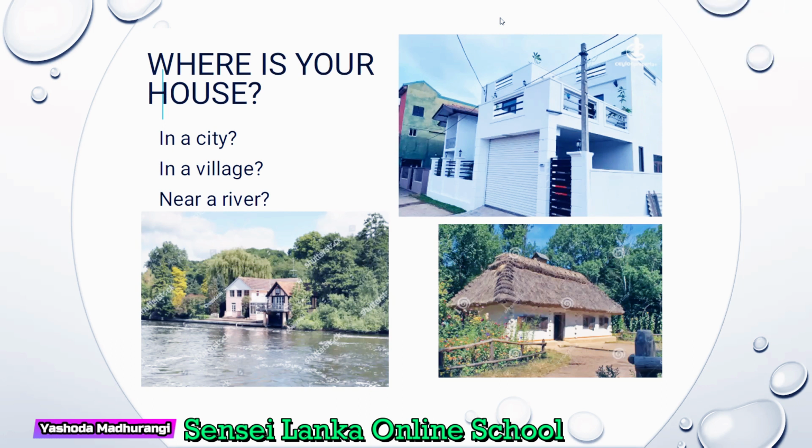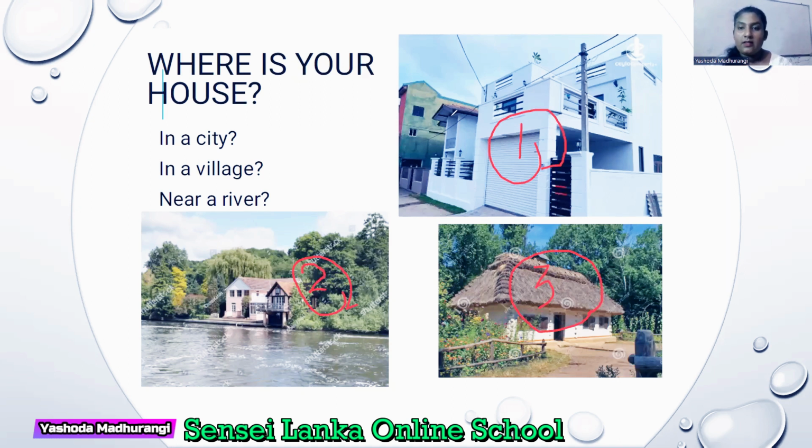Look at picture 1. This white color house is located in a city. How can we understand? Can you see? The houses are located very close to each other, and also 2-story or 3-story houses are there.